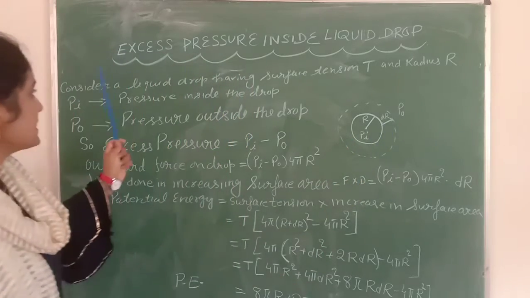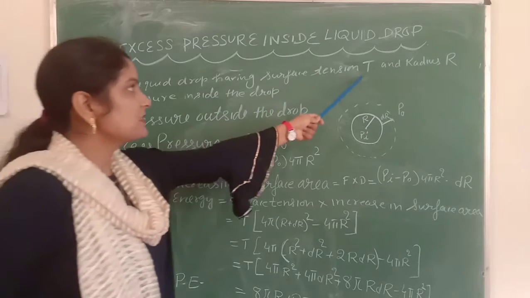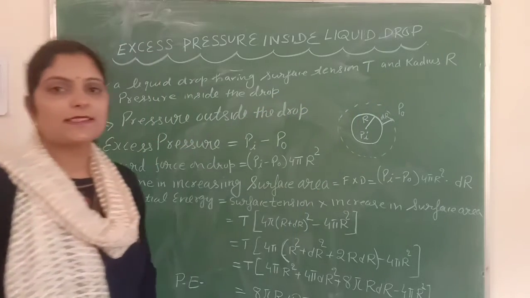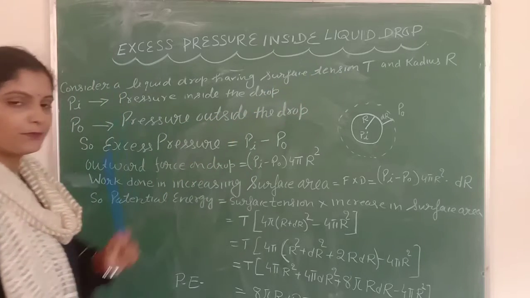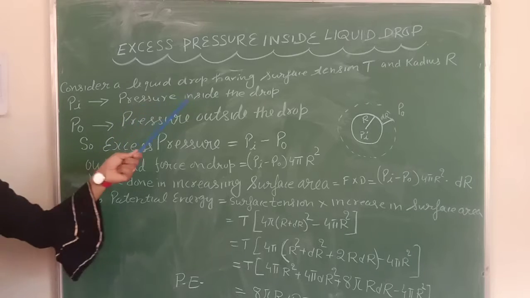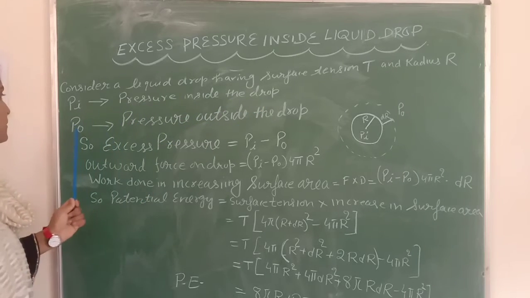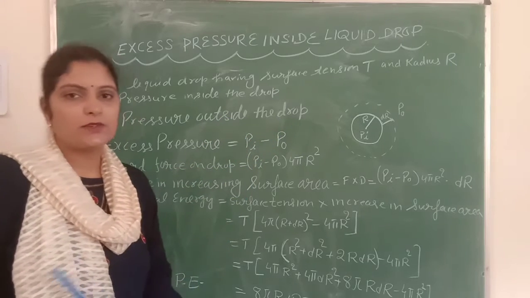So students, just see, consider a liquid drop having surface tension T and radius R. You know that surface tension we denote by the letter T. Pi is the pressure inside the drop and Po is the pressure outside the liquid drop.